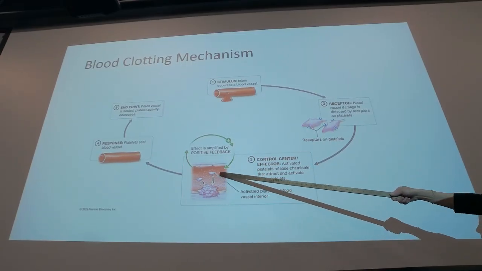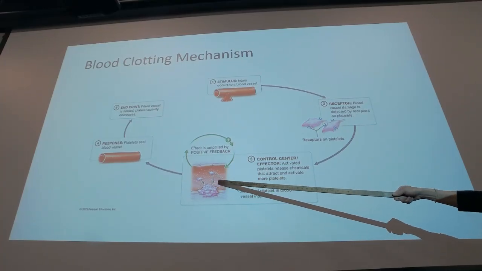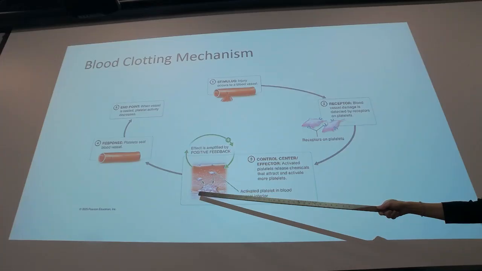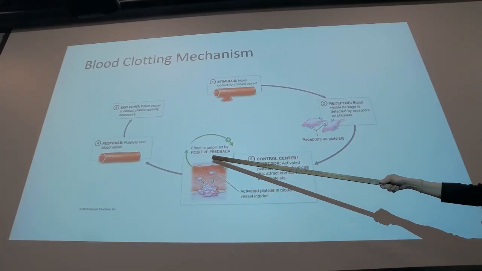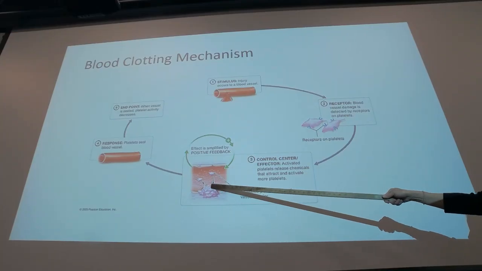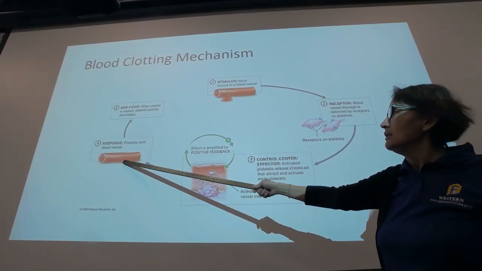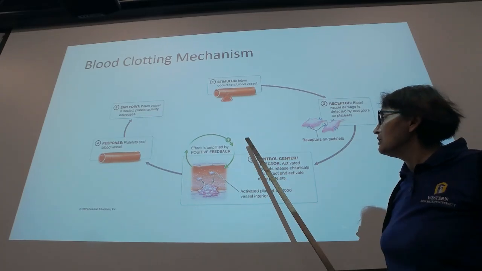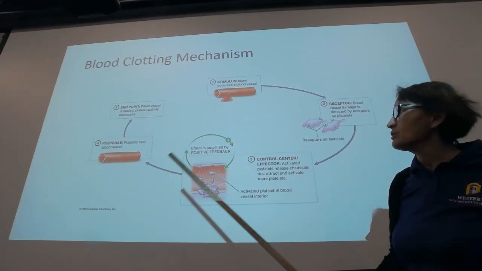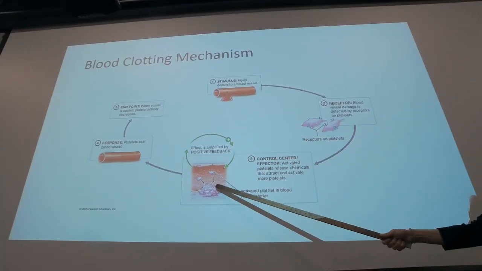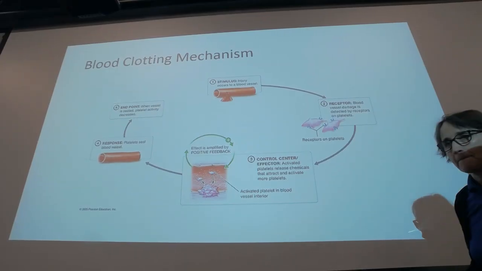And then there is a release of chemicals that attracts additional platelets, and then you activate a cascade that forms a net here that will strengthen this wall, and then you start repairing the injury. And then you seal this, and then you get rid of this temporary seal, the blood clot. So you start with very few platelets, and then you end up with more. And same for the clotting factors.